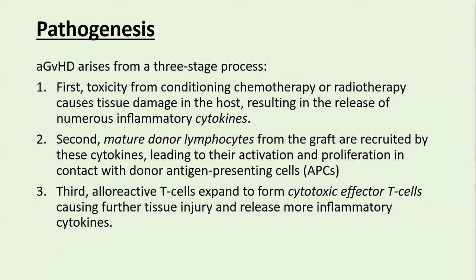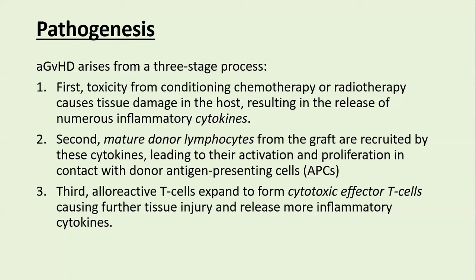And once we perform this procedure, that is hematopoietic stem cell transfusion, the mature T lymphocytes come in contact with these inflammatory cytokines, and these inflammatory cytokines result in activation and proliferation of these mature T cells in contact with the donor antigen presenting cells.